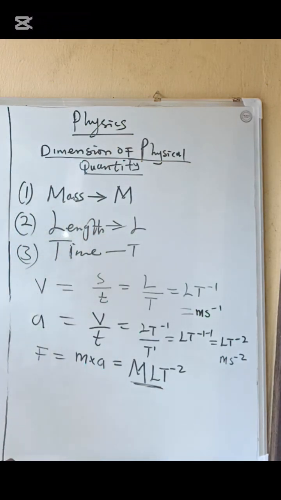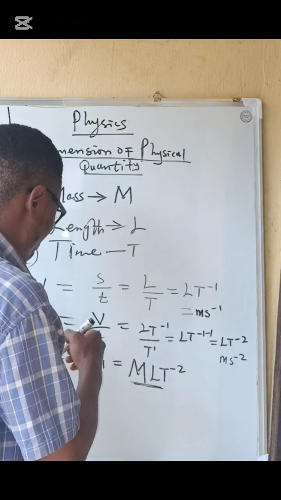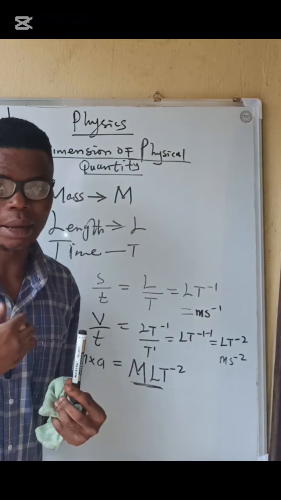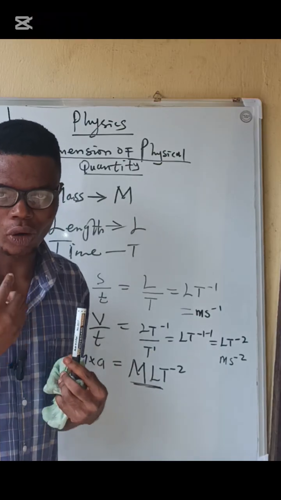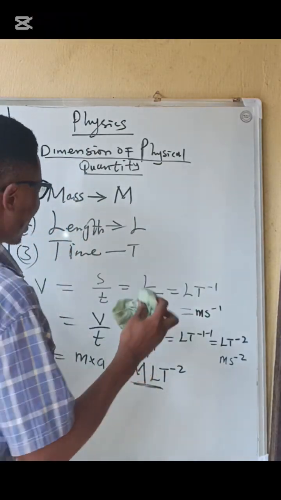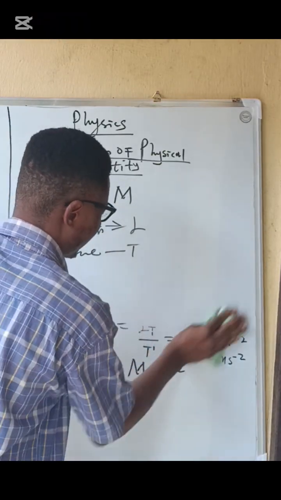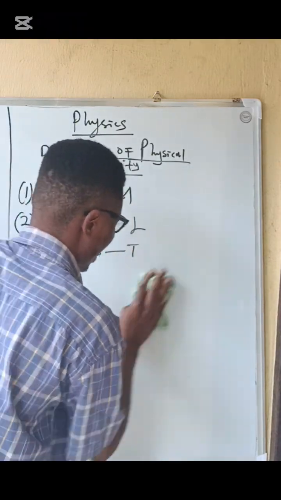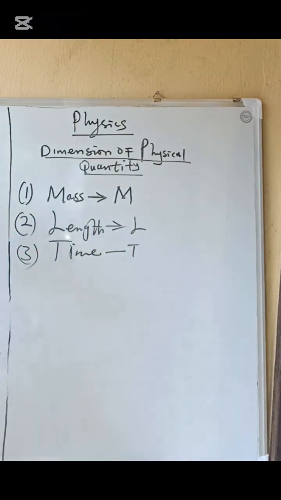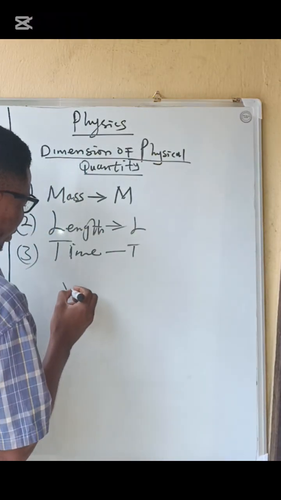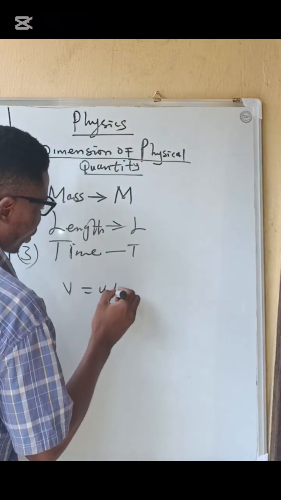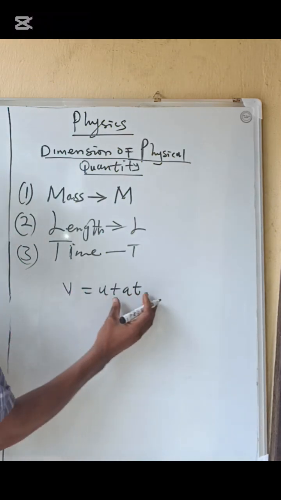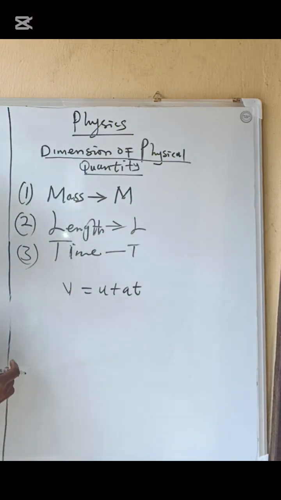So let me show you how to use dimensional analysis to check whether an equation is dimensionally correct or not. Let's look at this one now. V equals U plus AT, an equation of motion. I want to check whether this equation is balanced or is correct.